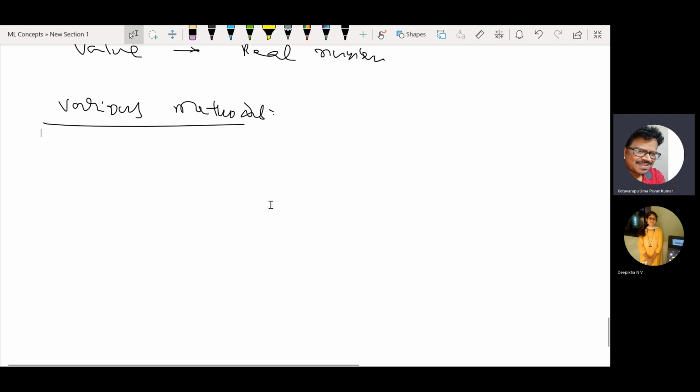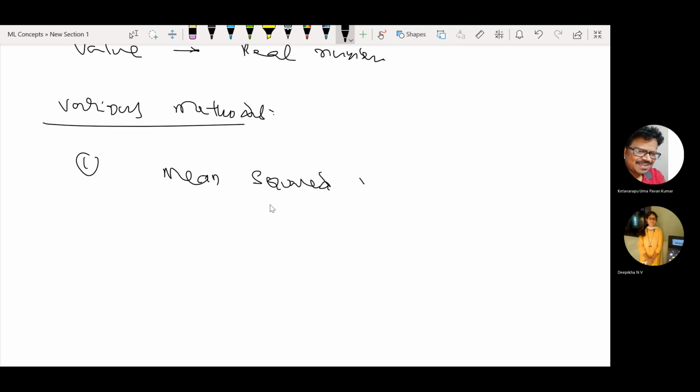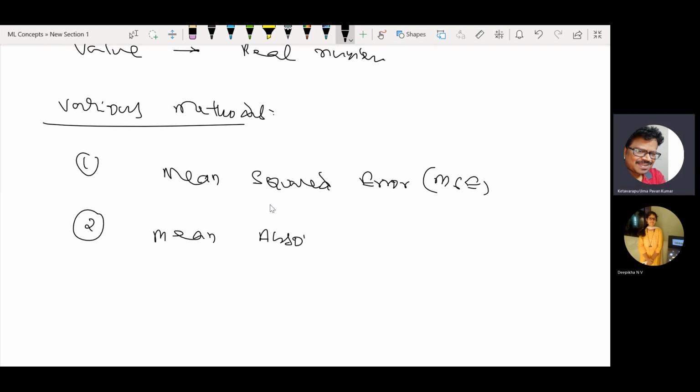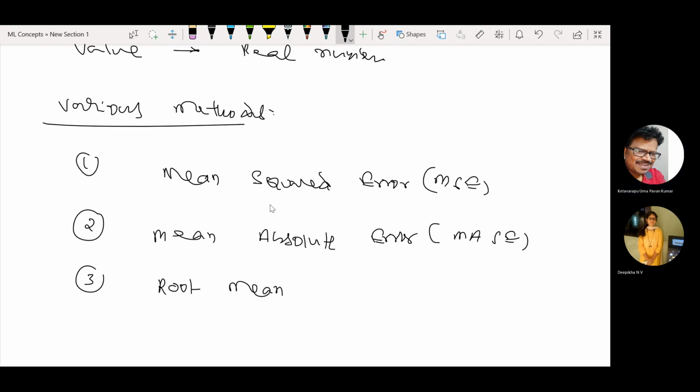The most frequently used: one is mean squared error, known as MSE. Second, mean absolute error, MAE. Third, root mean square error, RMSE.